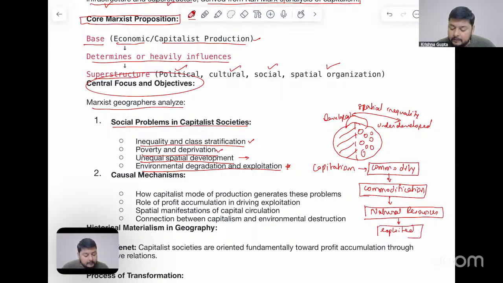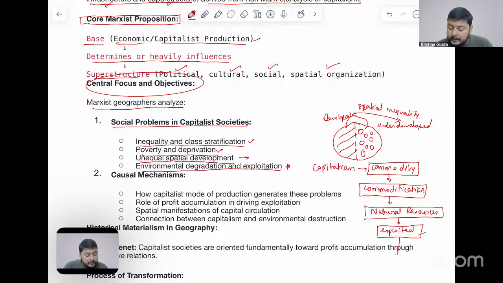For example, in certain situations, I've seen that people buy new clothes. Clothes are something which can get degraded, but people buy certain things which are not necessary every month or every year. So this gives us a tendency that we need to repeatedly buy something which we do not require. So this is exploitation.